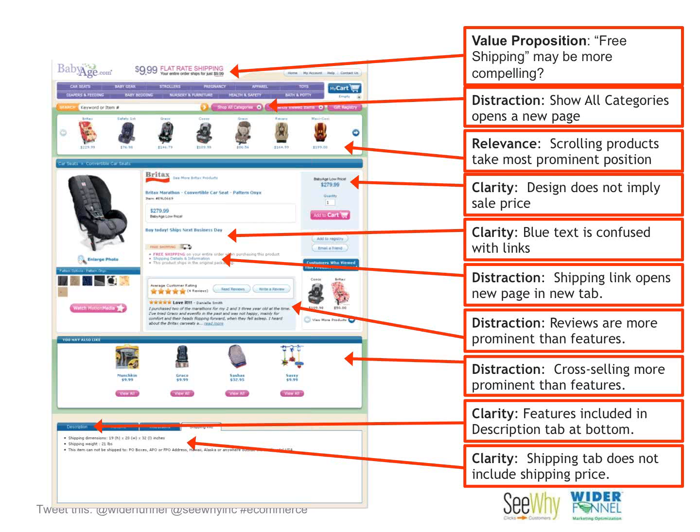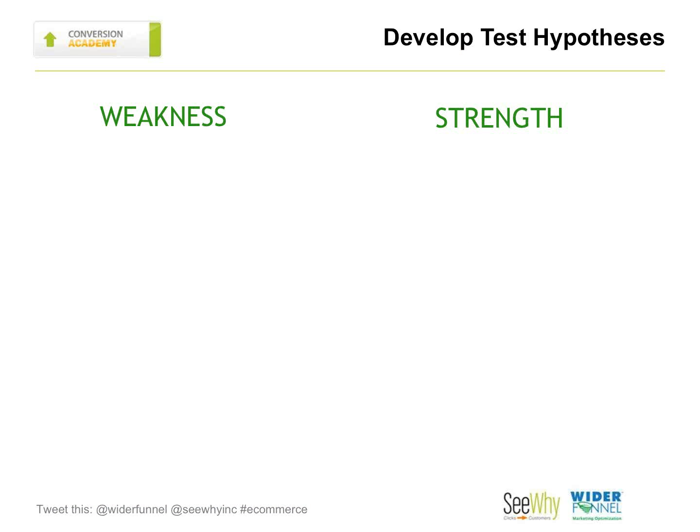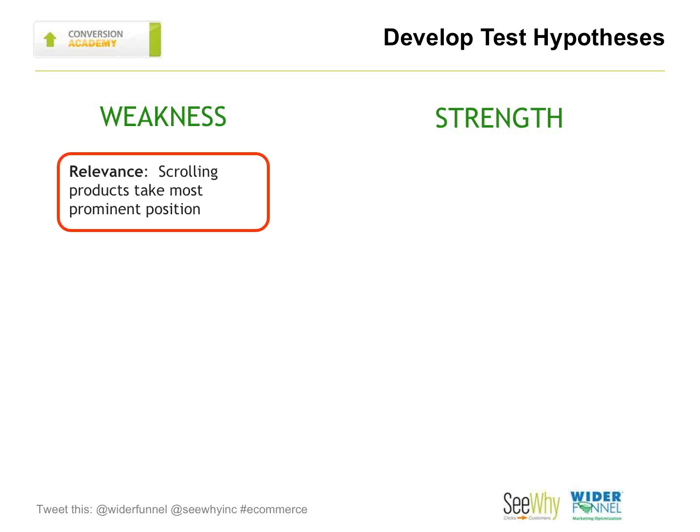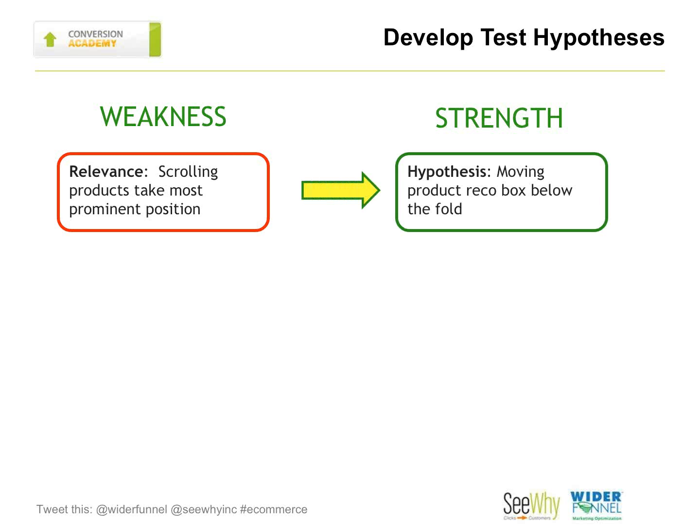So then the next step in the process is to take those problems or weaknesses on the page and convert them into strengths. So for example, if one of the factors was that the scrolling products along the top take the most prominent position on the page and distract, a strength is: moving the product recommendations below the fold will increase sales. And that becomes a hypothesis that you can then test.